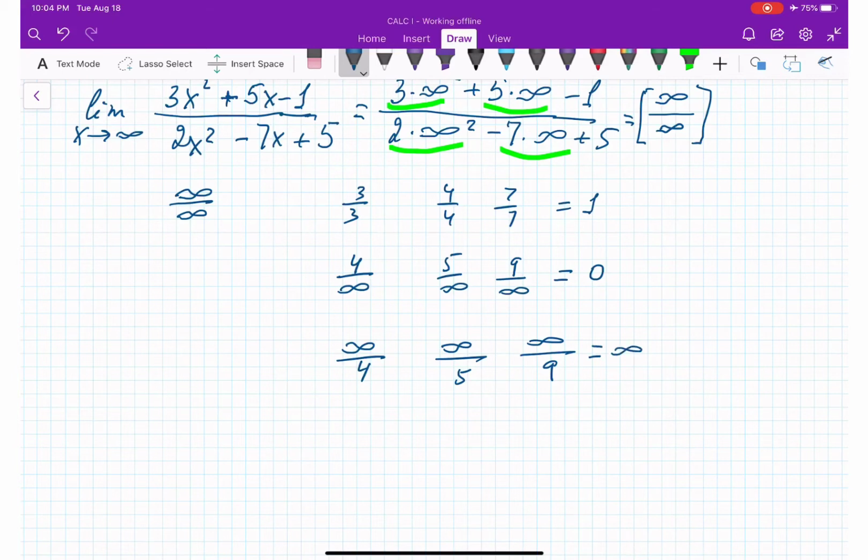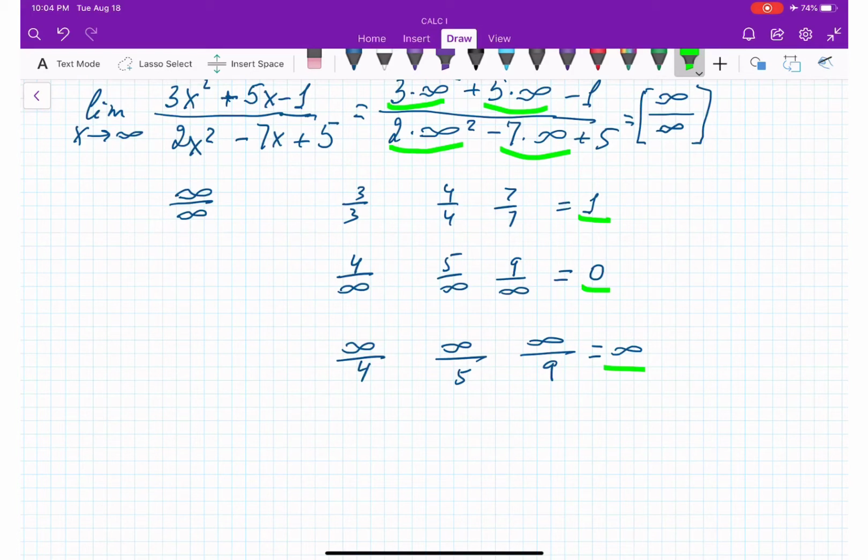So the result is going to be either a value, or 0, or infinity. We are going to look at all 3 examples and see what we get there.